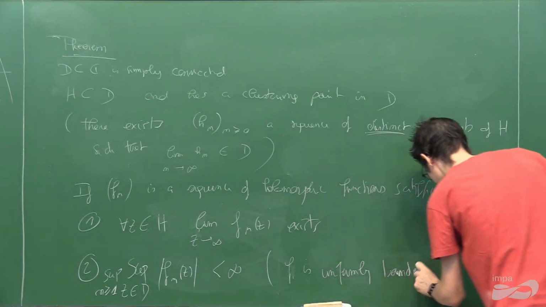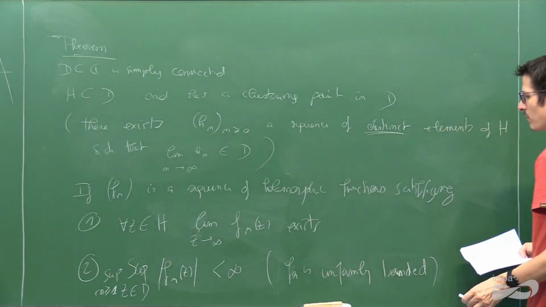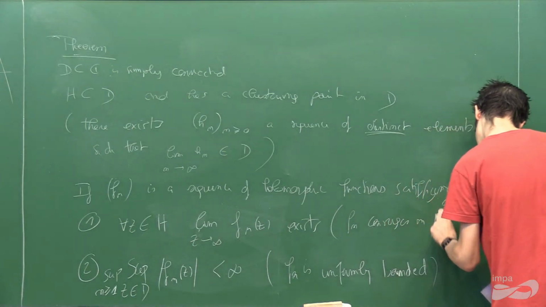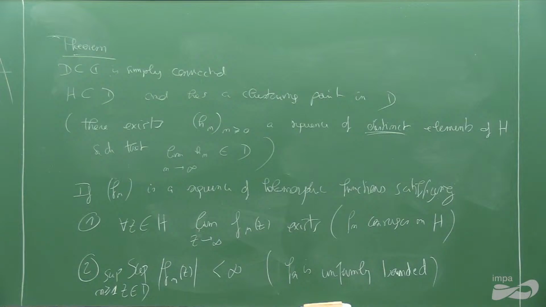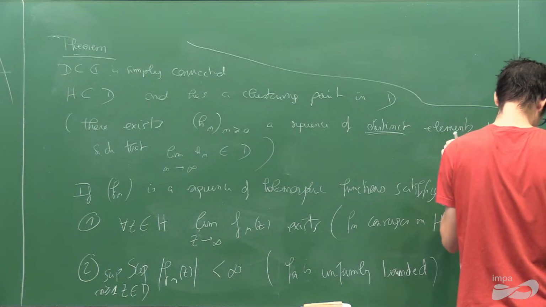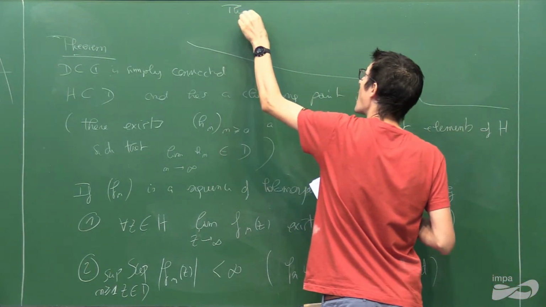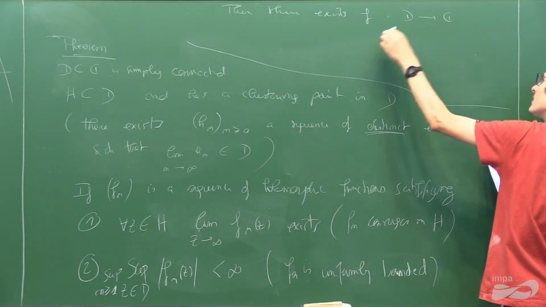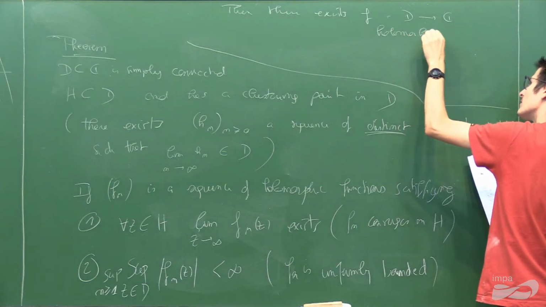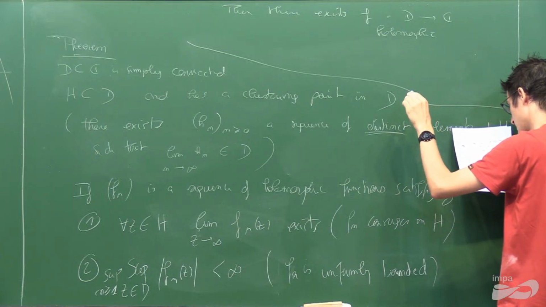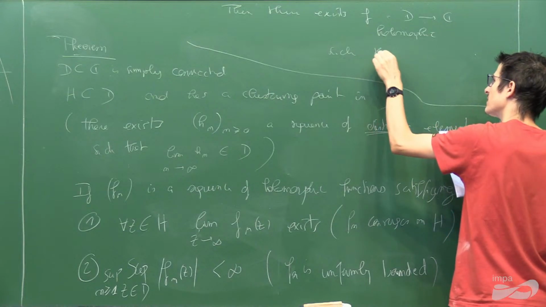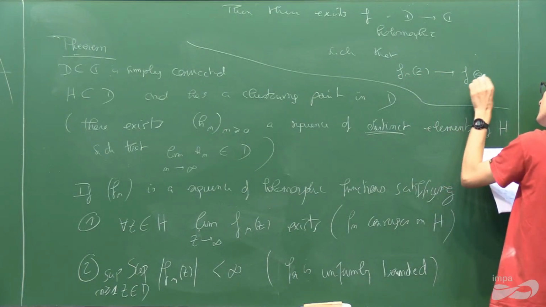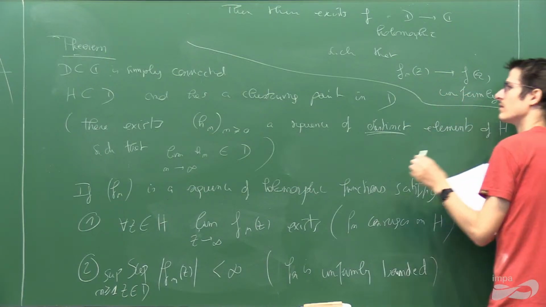Another way to state these two conditions is to say that F_n is uniformly bounded, and that F_n converges on H. Then there exists F holomorphic such that F_n(z) converges to F(z) uniformly. And this is Vitali's theorem.